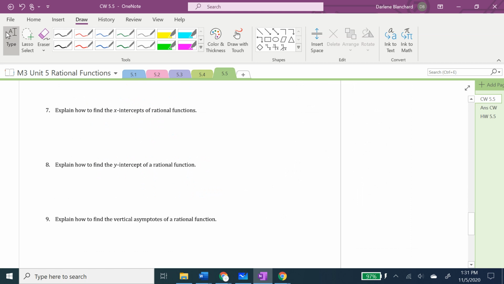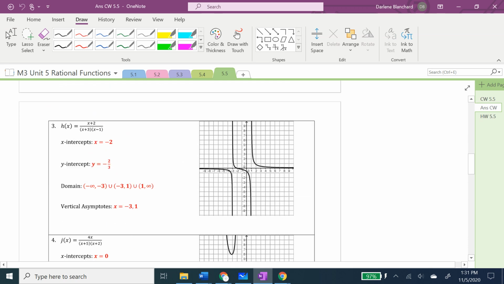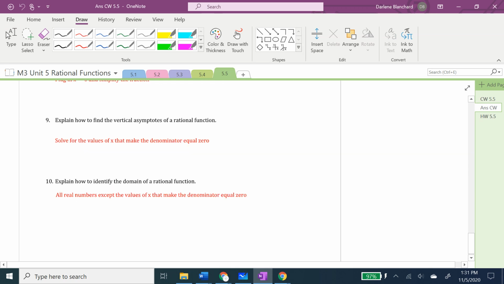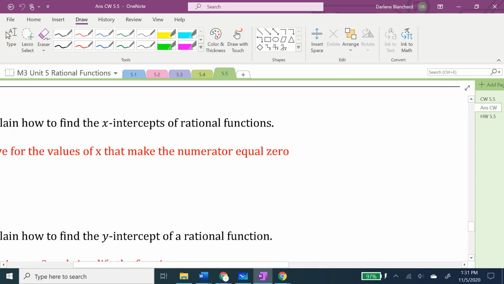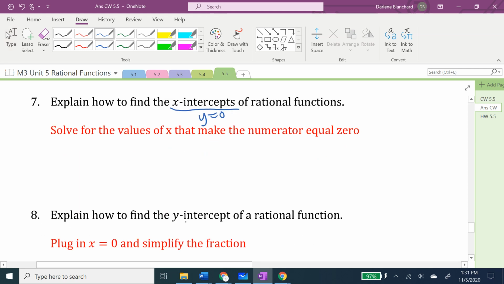Then for explaining how to find all those various things, you should write what's going to help you, not necessarily just copy down what I have. If you want to find the x-intercepts, one thing you might want to write down is x-intercepts happen when y is equal to 0, y-intercepts happen when x is equal to 0.